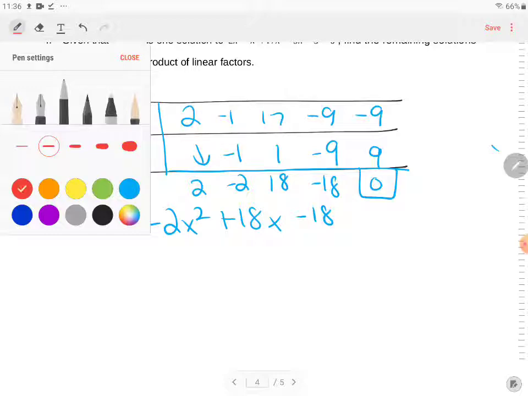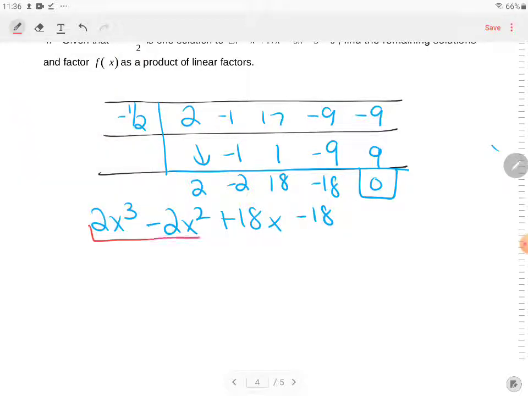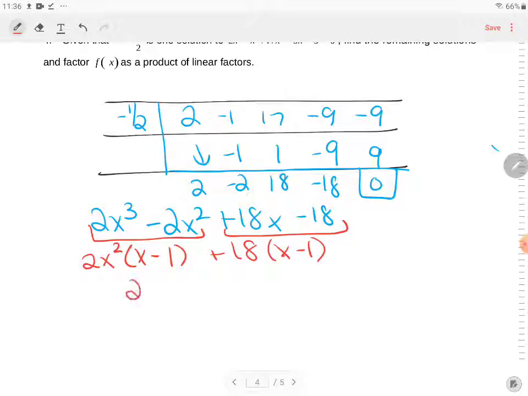Anytime you have 4 terms, you factor by grouping. So you have 2x squared times x minus 1 plus 18 times x minus 1. So that gives us 2x squared plus 18 times x minus 1. And I notice I have a GCF. I should have taken the 2 out. So let me go ahead and factor out the 2 here.